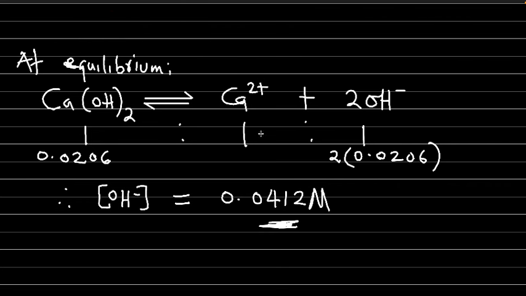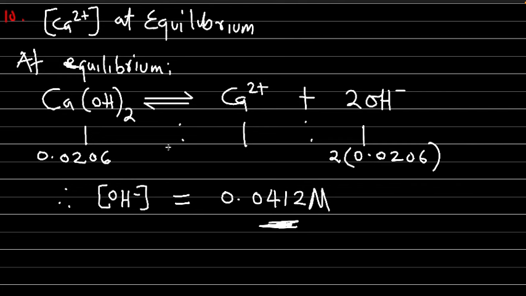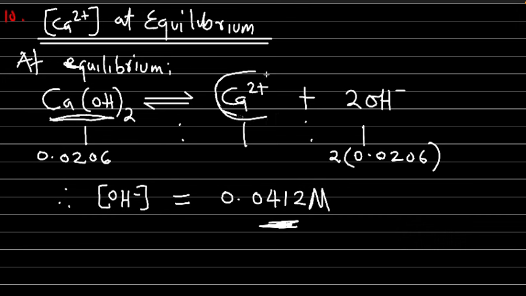So I'll say number 10, concentration of calcium ion at equilibrium. Now look at this. We already have the concentration of calcium hydroxide. So for calcium ion and hydroxide ion, we're going to get the value from calcium hydroxide.